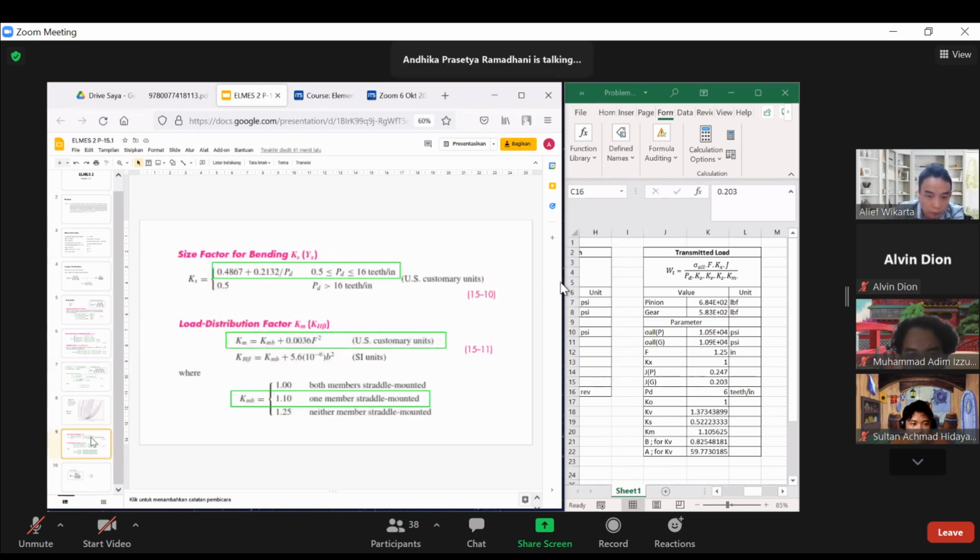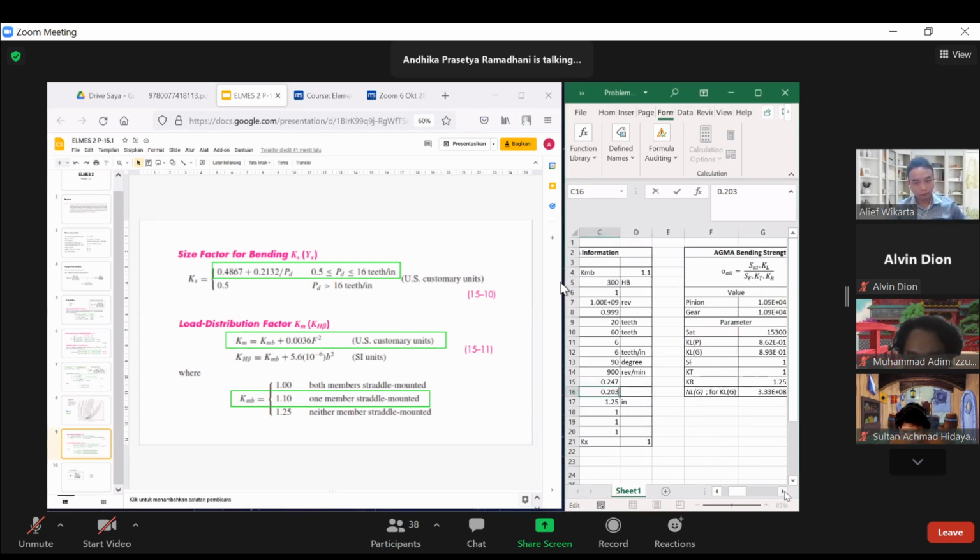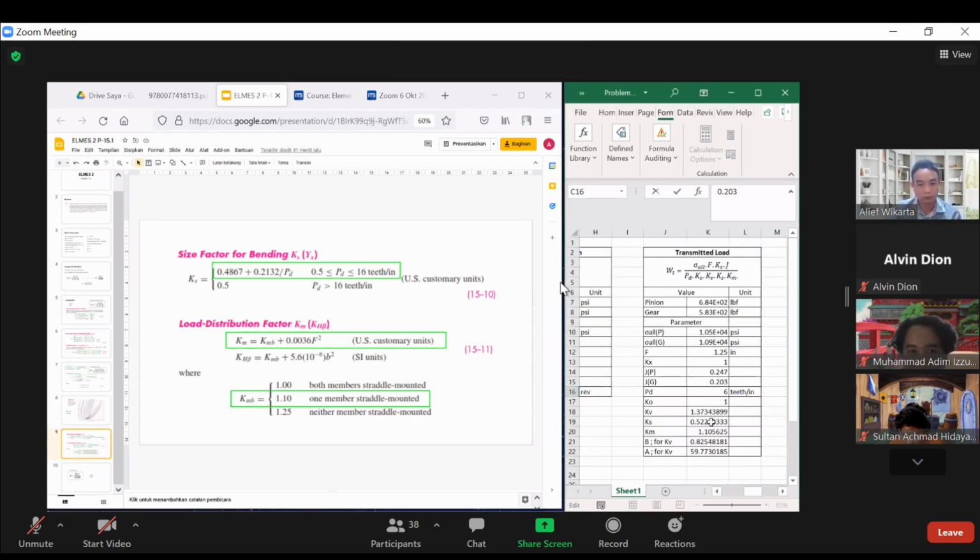KS and KM. KS, because the diametral pitch is in this range, I use this formulation and I get this value. And for KM, because we are not using SI unit, I use this formulation.